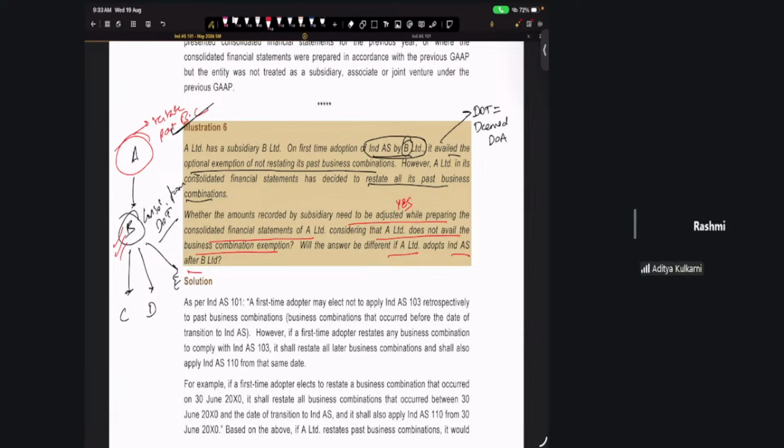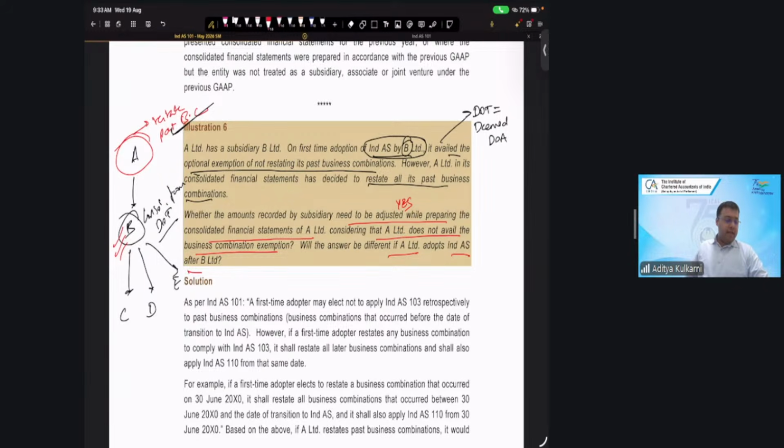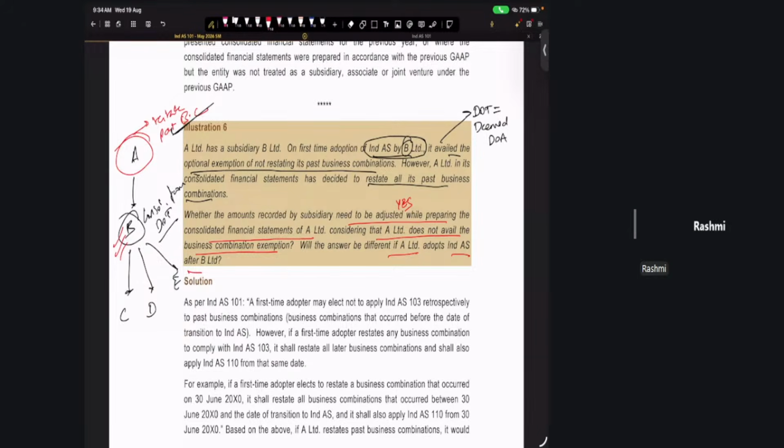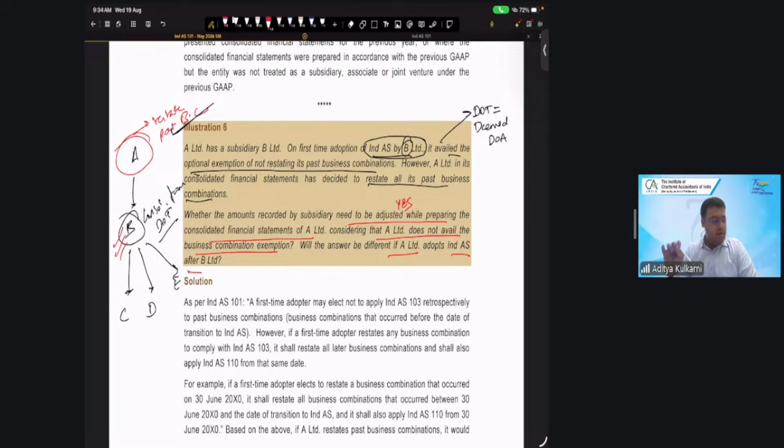Now, will the answer be different if A Limited adopts Ind AS after B Limited? First, B Limited adopted Ind AS. There is only one exception when this is allowed. What is that exception?